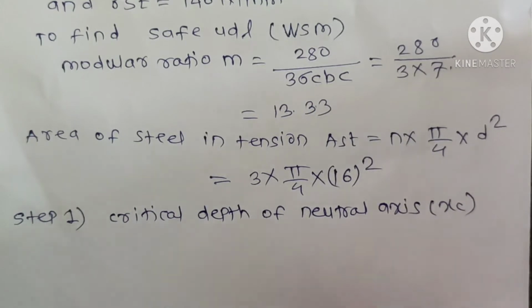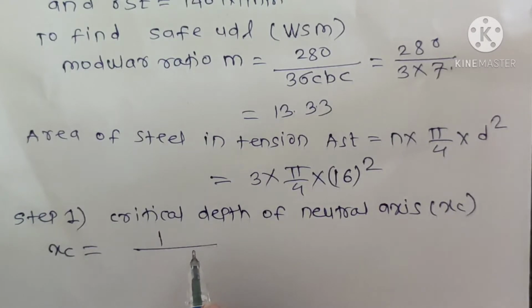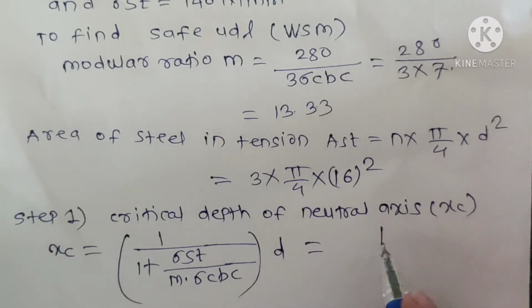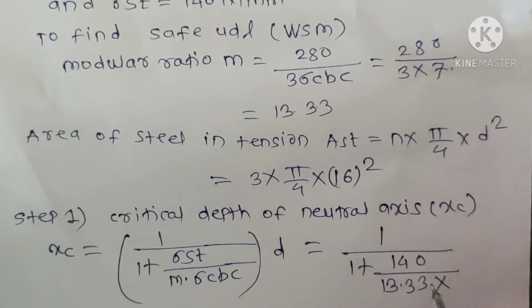XC is equal to 1 upon 1 plus sigma ST by m into sigma CBC, into d. That is 1 upon 1 plus sigma ST 140, modular ratio 13.33 into sigma CBC 7, into d which is 430.